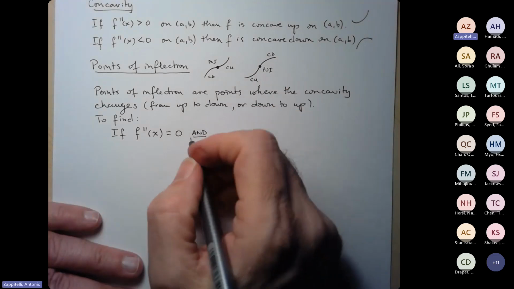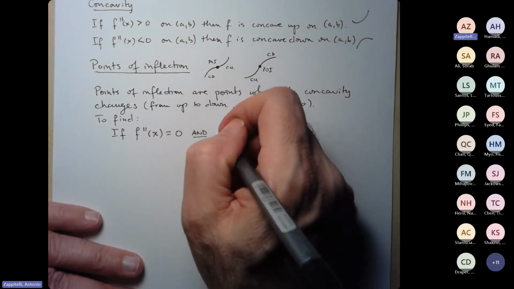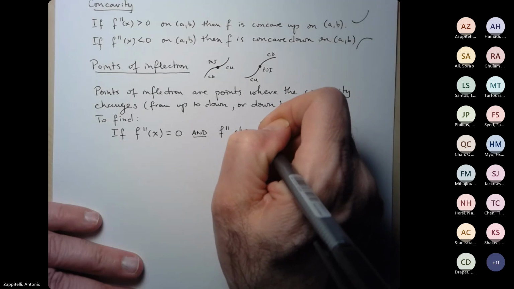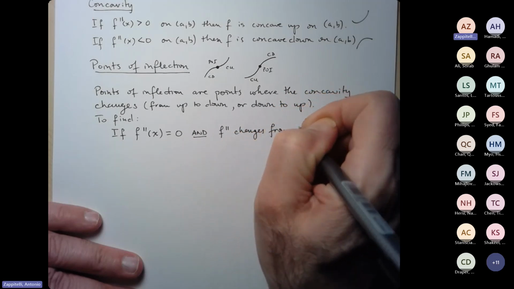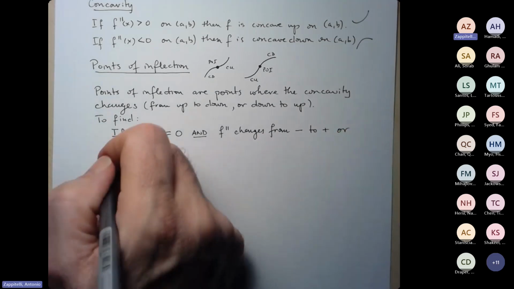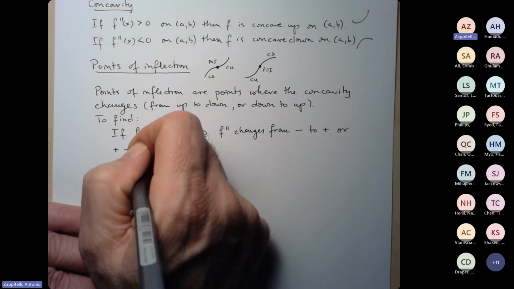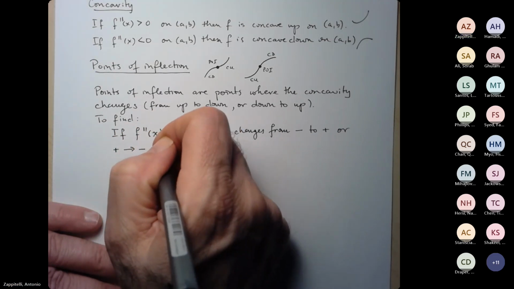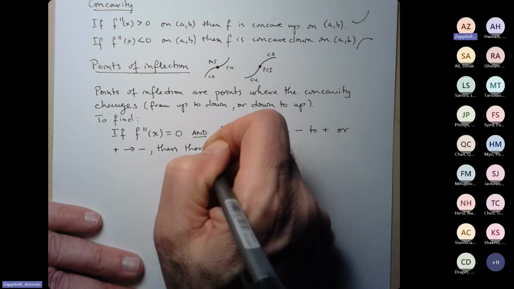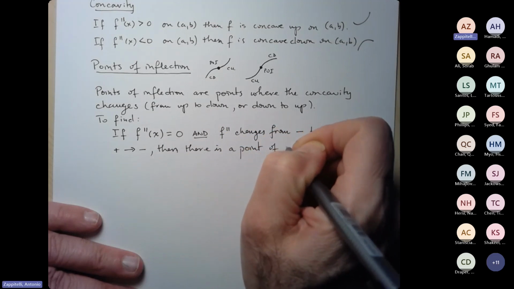Okay, so if the second derivative is 0 and the second derivative changes from negative to positive, or positive to negative, then there is a point of inflection.